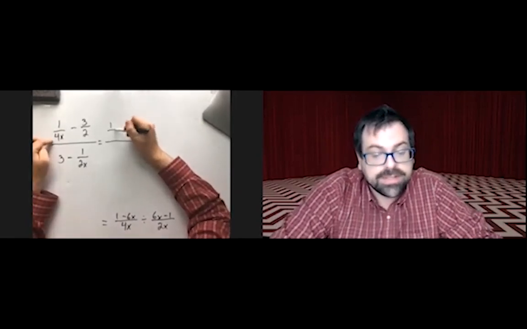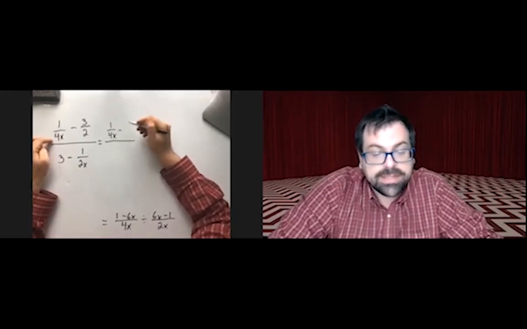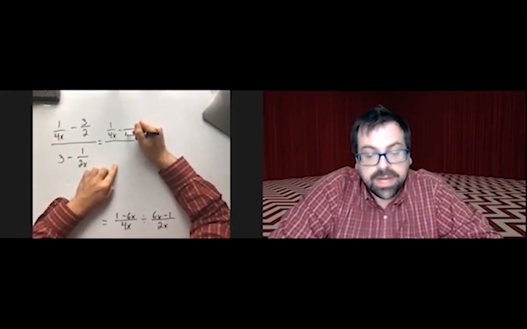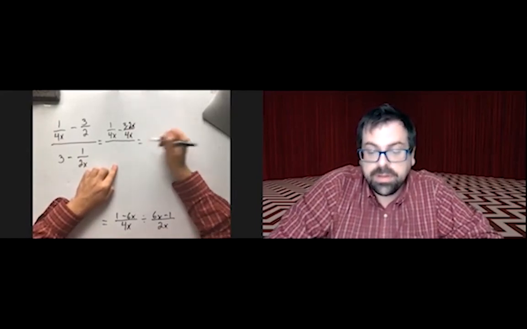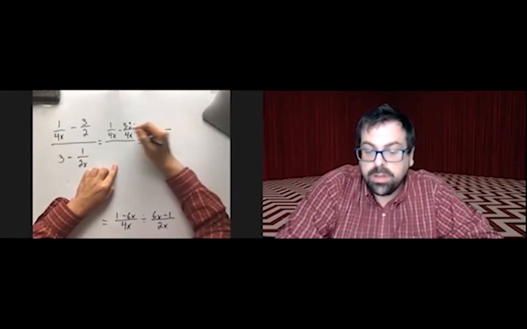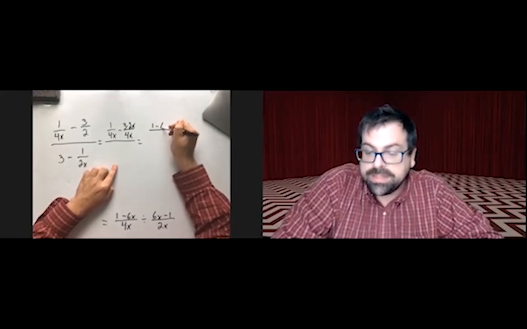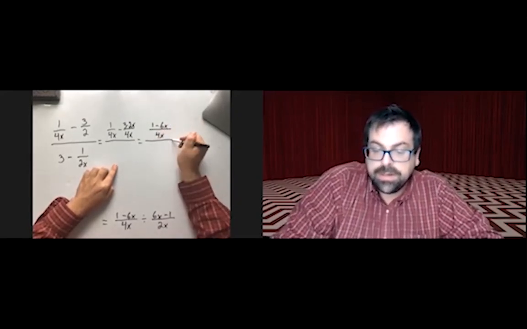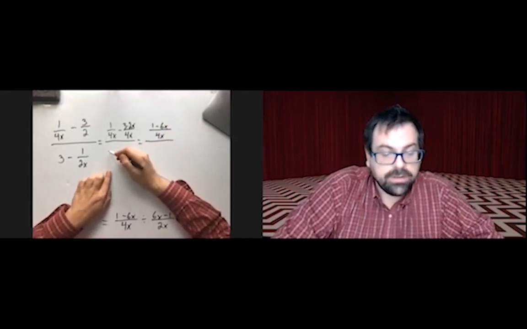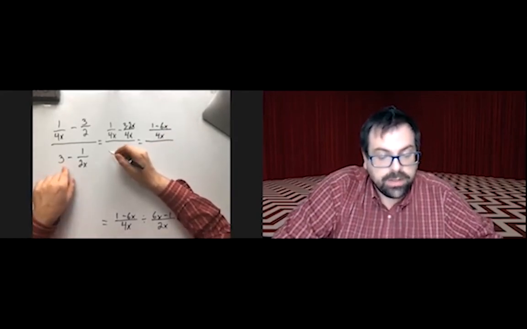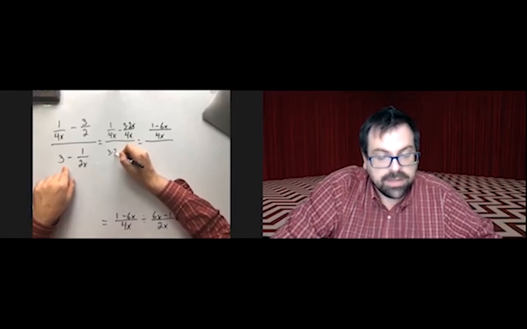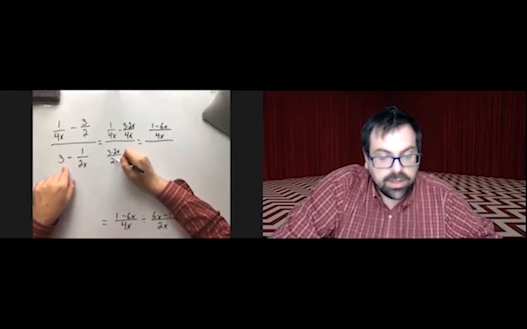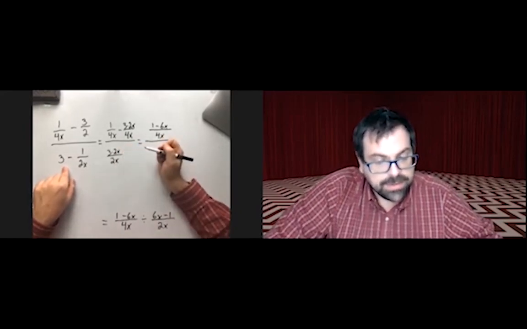1 over 4x minus 2 times 2x is 4x, 3 times 2x on the top. That's 1 minus 6x over 4x. Bottom, 3 over 1 would be 3 times 2x over 2x.